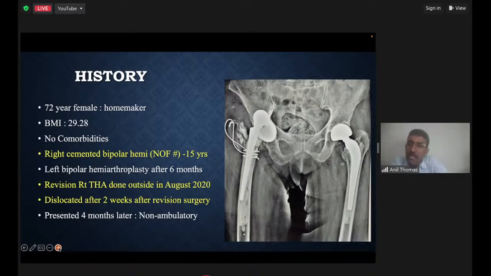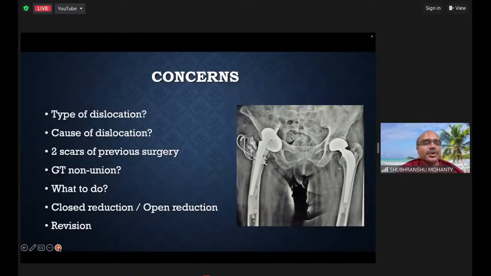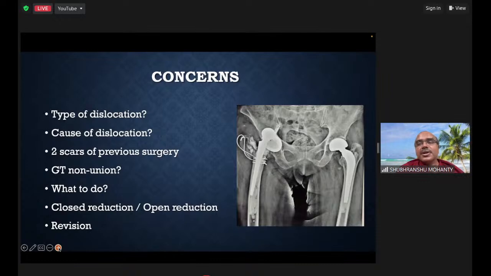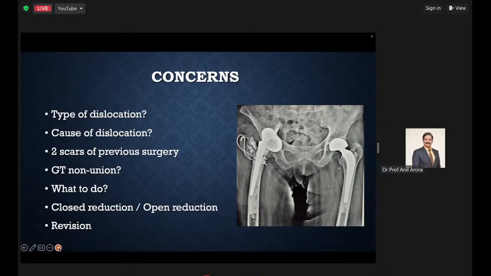This has to be closed reduction for now, but definitive management would be required with full assessment. Did you get a CT scan done for this patient? Ideally, a CT scan should be done to know the version of the components.